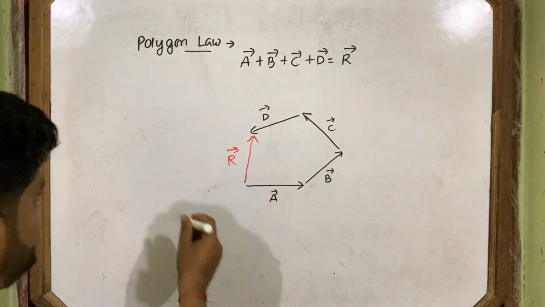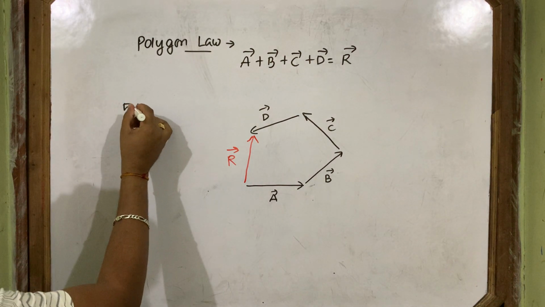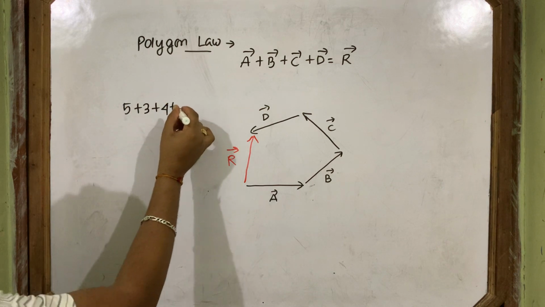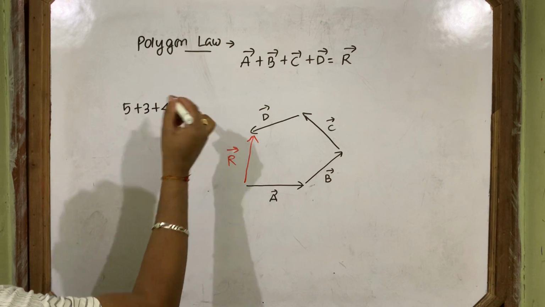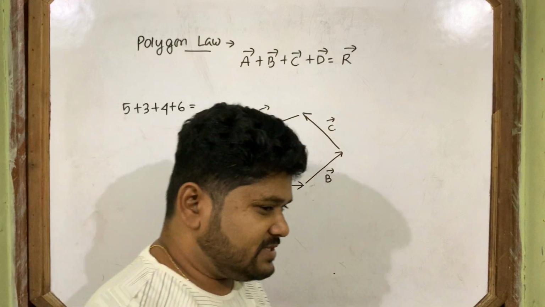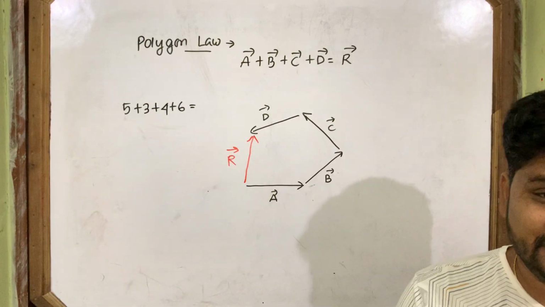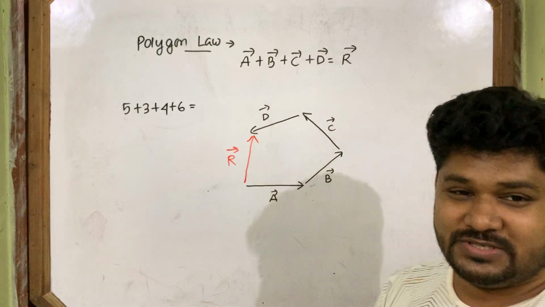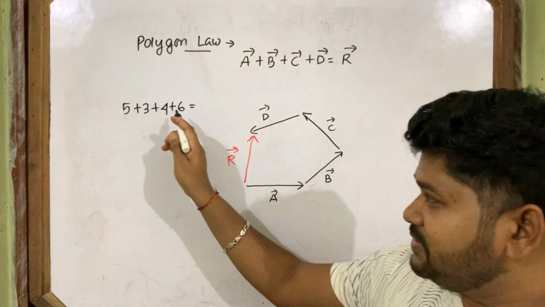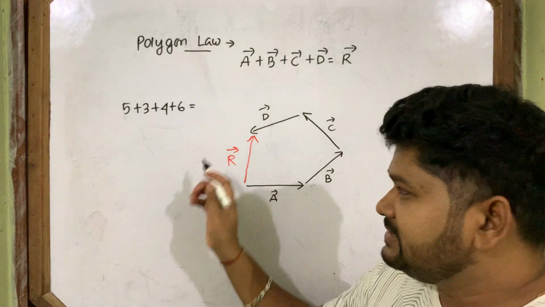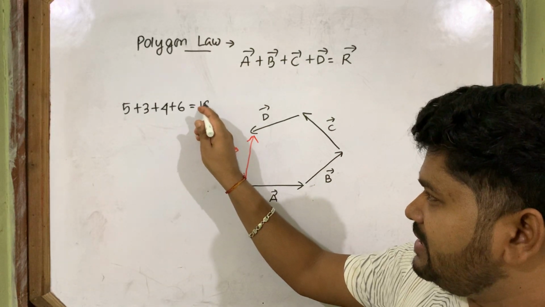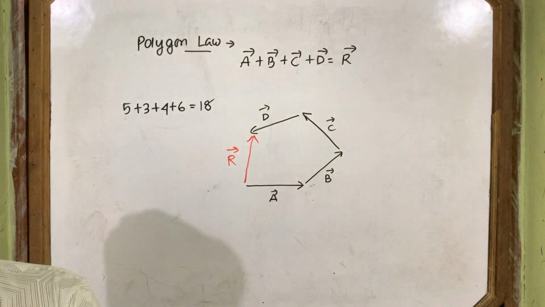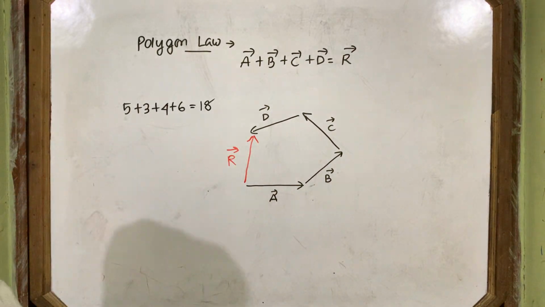If I now tell you to add 5 plus 3 plus 4, suppose plus 6, what is the answer? You are thinking, sir, this is a very small question. Immediately you will tell me the answer is 18. Okay, you are correct, the answer is 18.